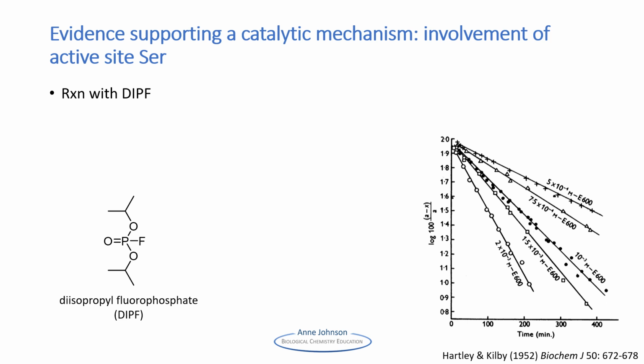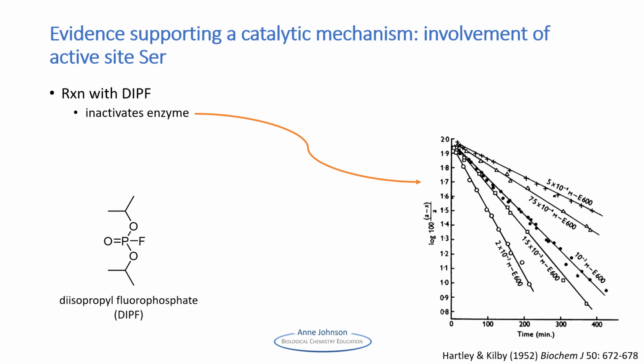After diisopropyl-fluorophosphate was found to inactivate acetylcholinesterase, researchers decided to see what it would do to chymotrypsin, since chymotrypsin has esterase as well as proteinase activities. They discovered that, like with acetylcholinesterase, it inactivated the enzyme in a time-dependent manner, as did other related fluorophosphate compounds.